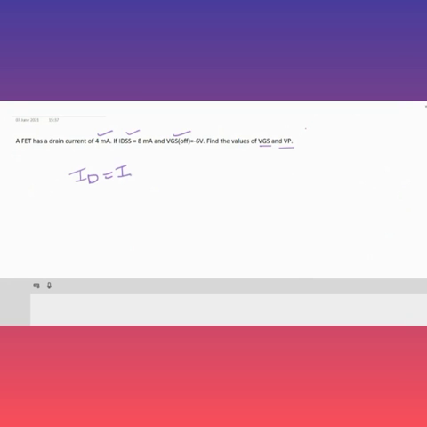So ID is equal to IDSS open bracket 1 minus VGS by VGS off, the whole square. When I substitute, my ID value is 4, my IDSS is 8, and I'm substituting 1 minus VGS by, my VGS off value is minus 6, so it changes like this, and it is the whole square.